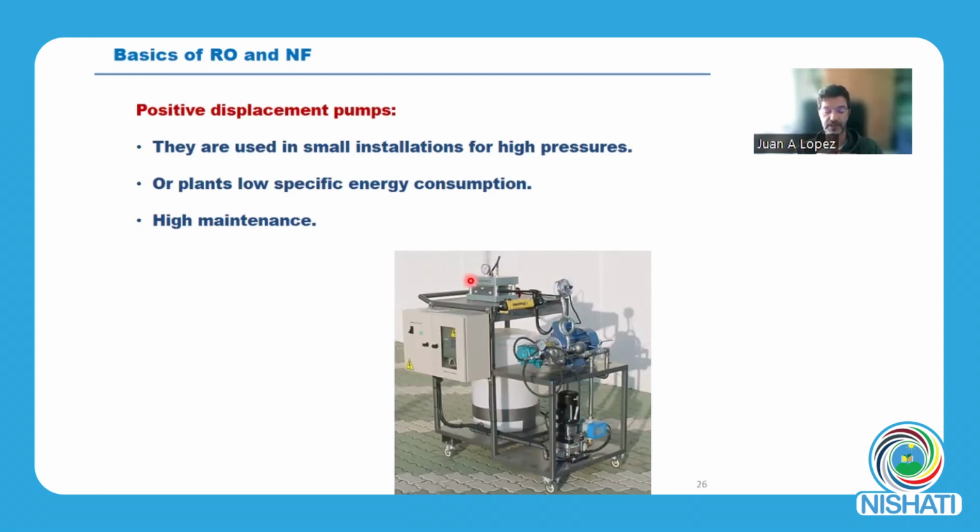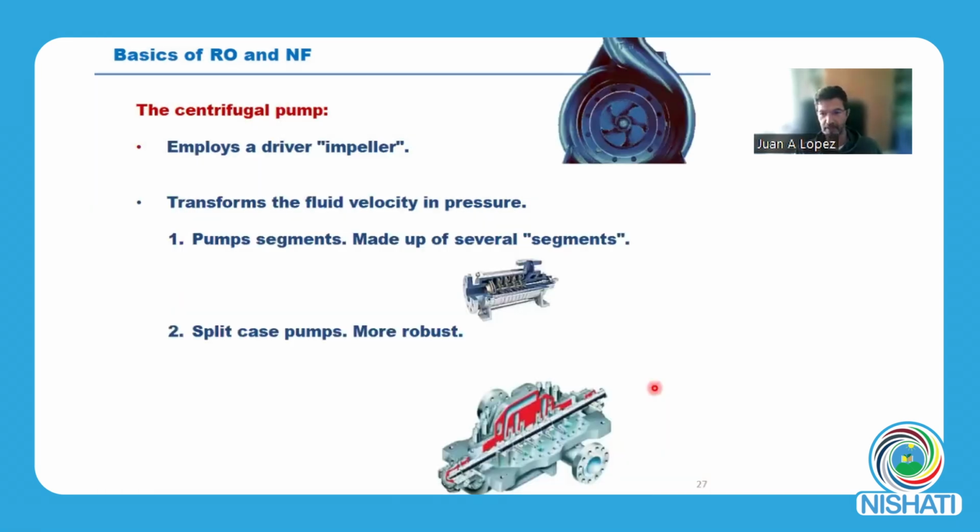Sometimes when the membranes are fouled by the components, you need to develop some washing protocols. So we use this very small plant, with this displacement pump and this small desalination system. The problem with this kind of pump is that we need high maintenance. Here you can see the damper.